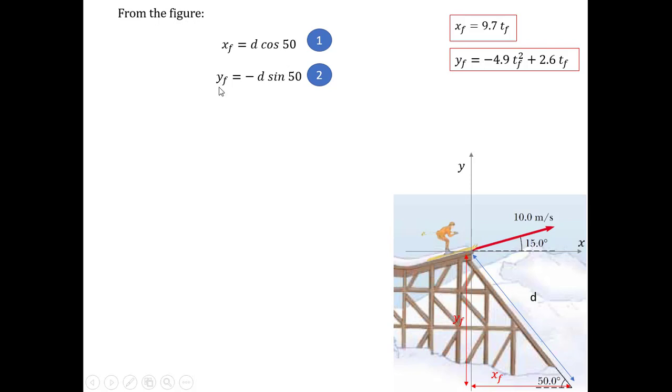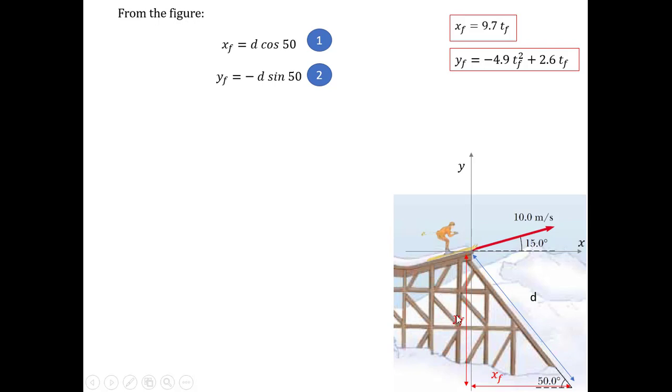And also yf. How do I find yf? I need to look at the sine. Sine of 50, what does it equal? It is the opposite side over the hypotenuse. So the opposite side is from here to here, the distance. YF is a negative value, so I must put a minus so that it becomes positive, because the distance from here to here must be positive.